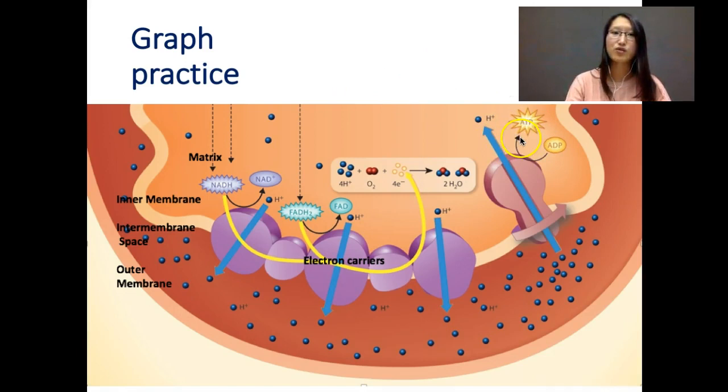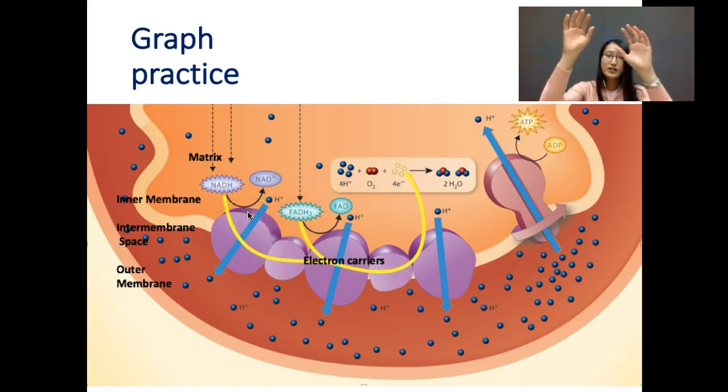So you need to know where ATP is made. ATP is made in the mitochondrial matrix. So you need to be able to draw out this process. Where is everything happening, right? NADH and FADH2 are dropped off at the electron carriers.